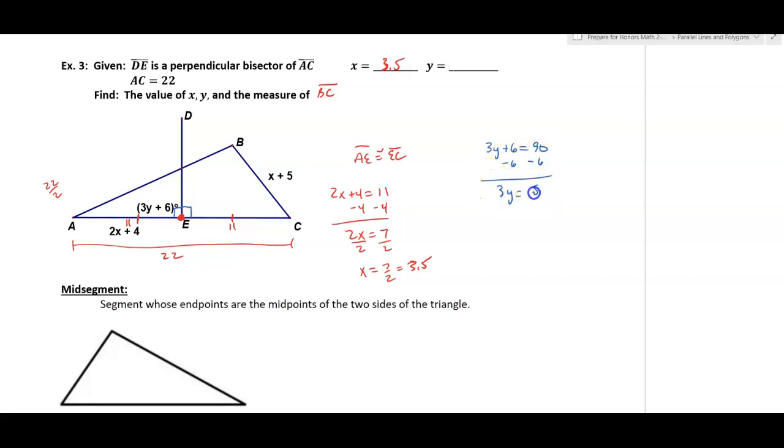Subtract 6, 3y equals 84. Divide by 3, y is equal to 28. And I am done. So a perpendicular bisector gives you two things, right angles and midpoint. If I wanted to find BC, I'm going to plug x in here. 3.5 plus 5 will give you 8.5.